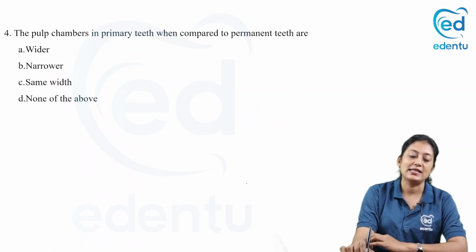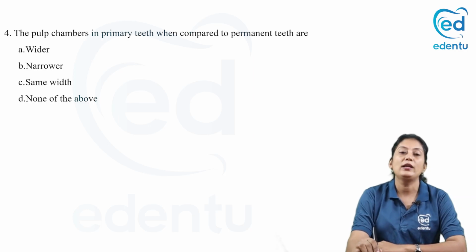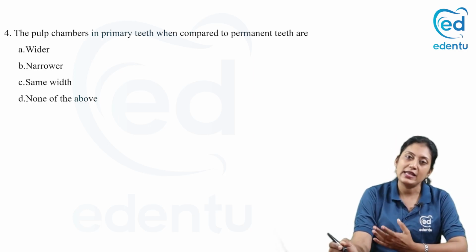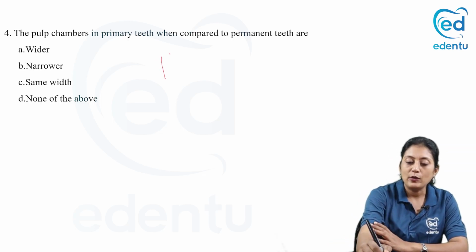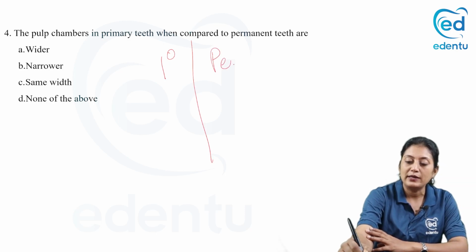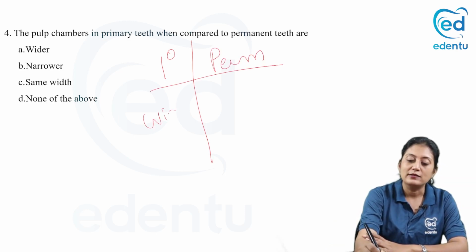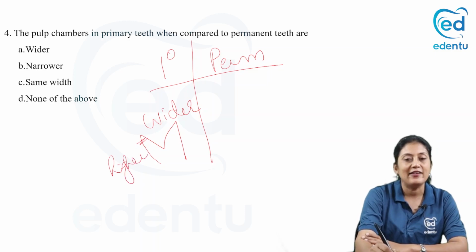The fourth question is, the pulp chamber of primary teeth when compared to permanent teeth, how will it be? Will it be wider, or narrower, or the same width as permanent teeth, or none of the above? Always remember, when you compare primary teeth with permanent teeth, the pulp chambers are always wide in the primary teeth, and the pulp horns are present at a higher level.